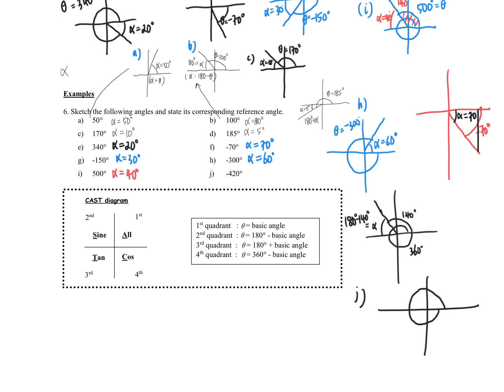You need to press on for another how many degrees? Another 60. So another 60 here. So you get minus 420. So this is your reference angle, another 60 degrees that you press on into the first quadrant. So here it's 60, right?